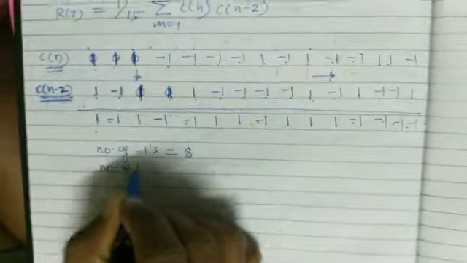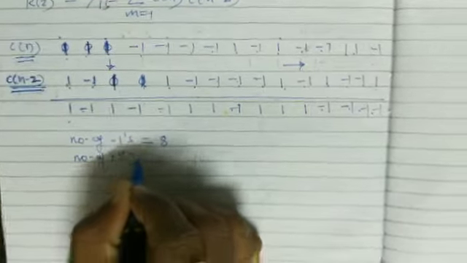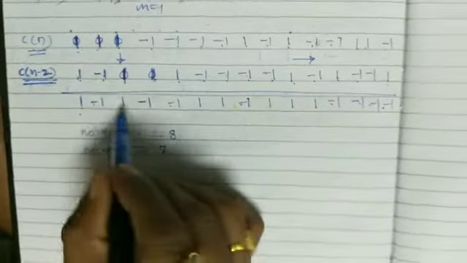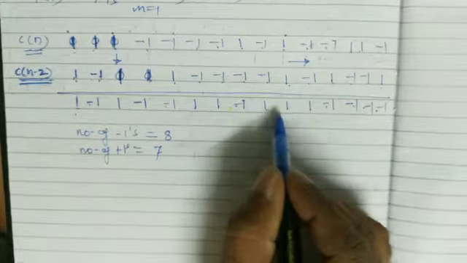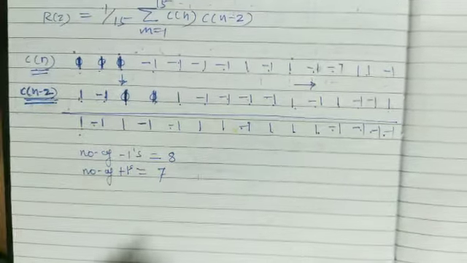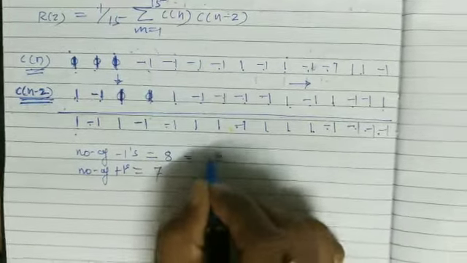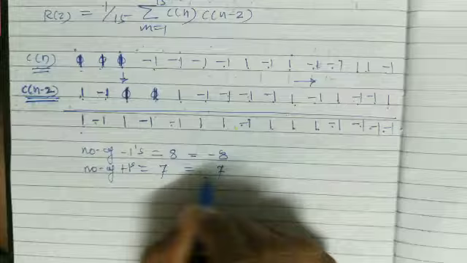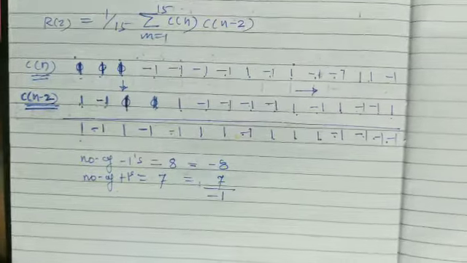The number of minus ones is 8. Similarly, the number of positive ones is equal to 7: 1 2 3 4 5 6 and 7. So here it is minus 8, here it is 7, so again we will get minus 1.